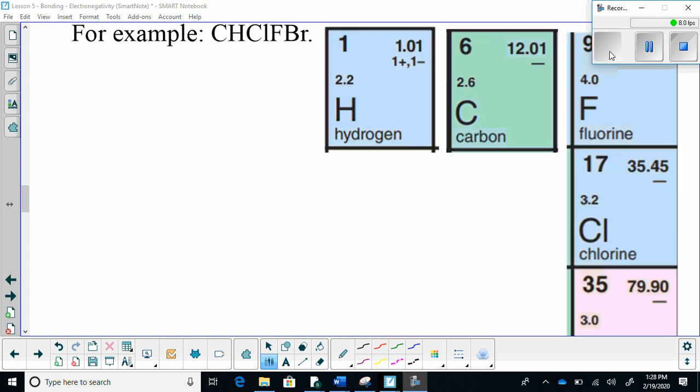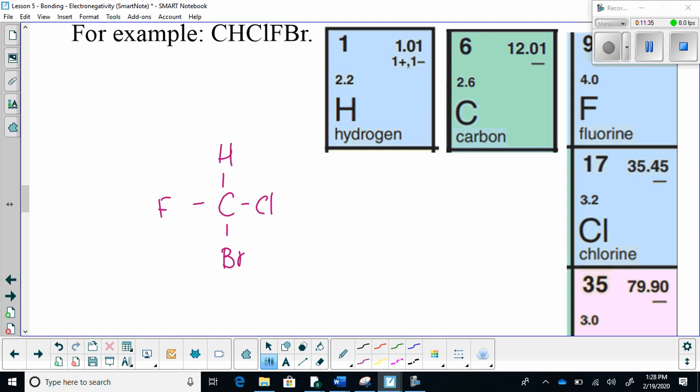Okay, so here we have a compound where carbon is attached to hydrogen, chlorine, bromine, and fluorine. Again, it doesn't matter how you distribute your peripheral atoms, as long as they're all there and nothing's overloaded, you will get your marks. Okay, so we need to look at each connection. The first connection I'm going to look at is between carbon and hydrogen.